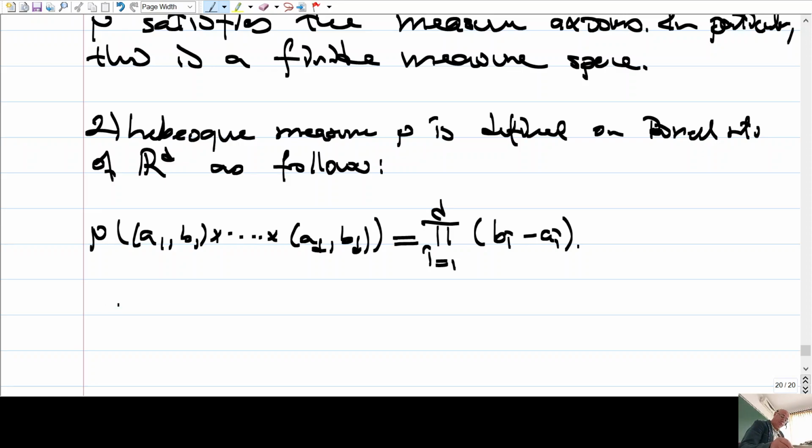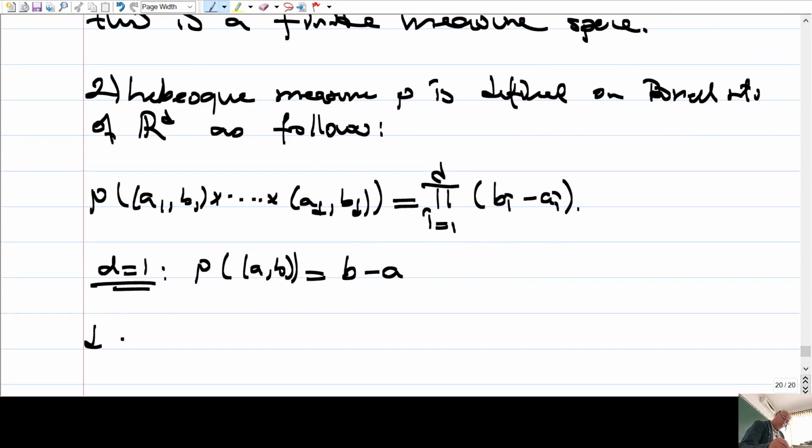So for example, D equals 1. This is just the measure which gives us the lengths of intervals, right? For D equals 2, so on R2, here AB is an interval, and its measure is just the length of the interval.